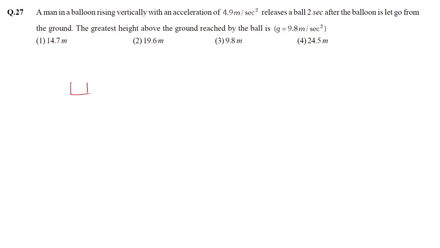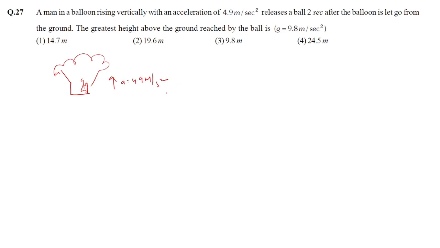So this is a balloon. A person is standing here and it is rising up with the acceleration of 4.9 meter per second square. After 2 seconds, he releases a ball 2 seconds after the balloon is let go from the ground.